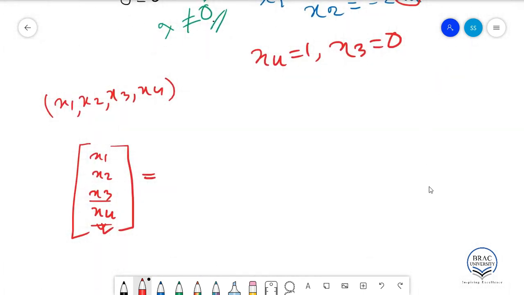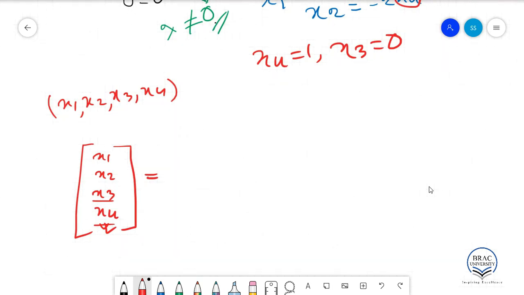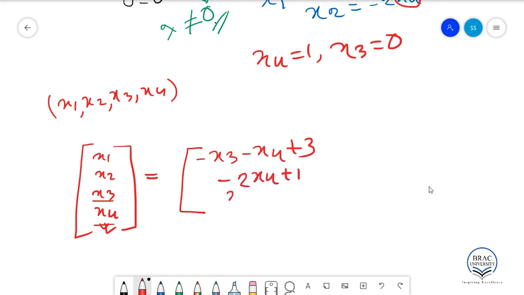So let's write this down. Instead of x1 we write minus x3 minus x4 plus 3. Instead of x2 we write minus 2x4 plus 1. We leave x3 and x4 as they are because these are free variables.